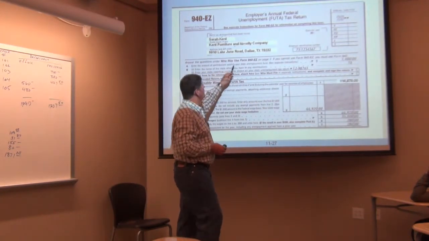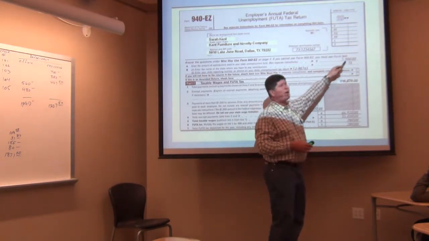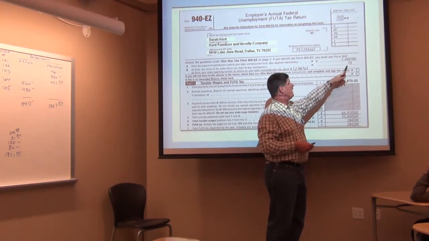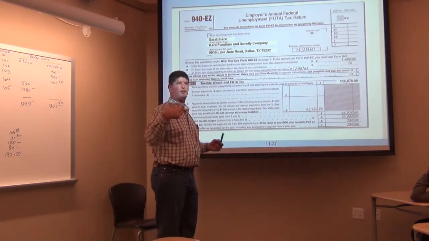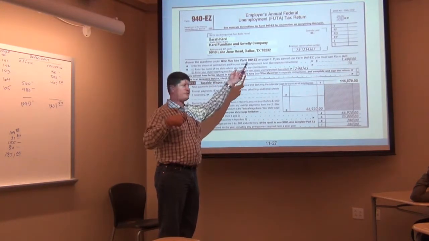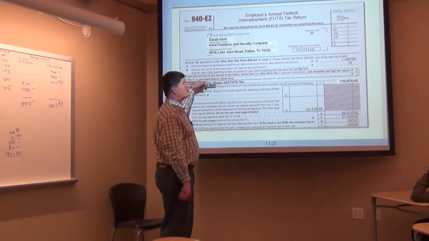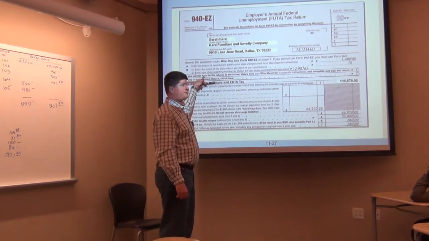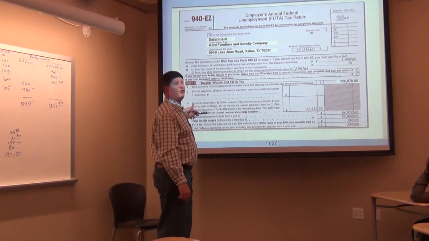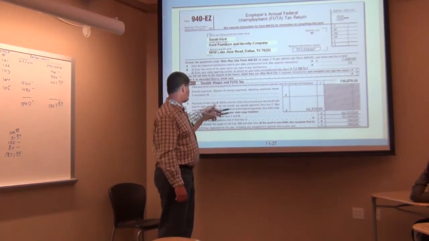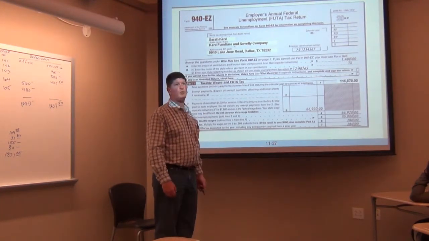It wants to know how much did you pay in for state unemployment and which state did you pay it to? Remember, they give you credit, they let you pay that 0.8% because you paid into a state. What's your total wages for the year? How much of the wages were above 7,000? Subtract that from the total and you get taxable wages.